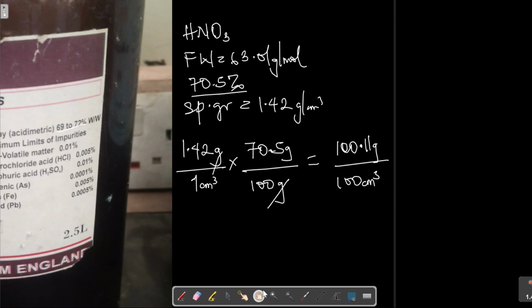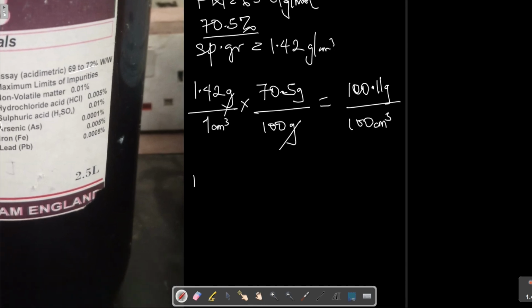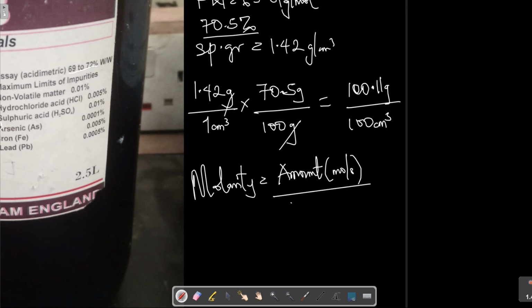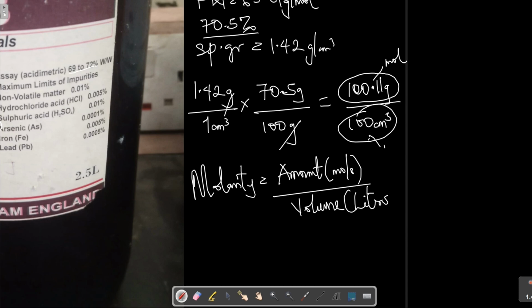So as usual, our molarity is given as the amount in moles of the solute over volume of solution in liters. So we convert this mass to mole and then the cm cube to liters.